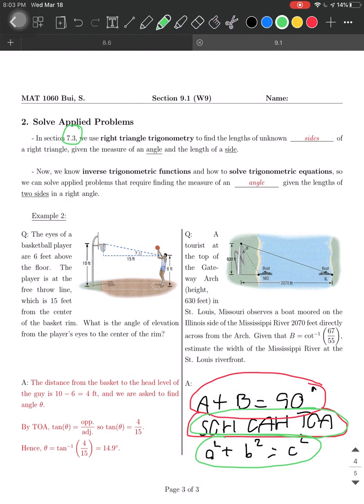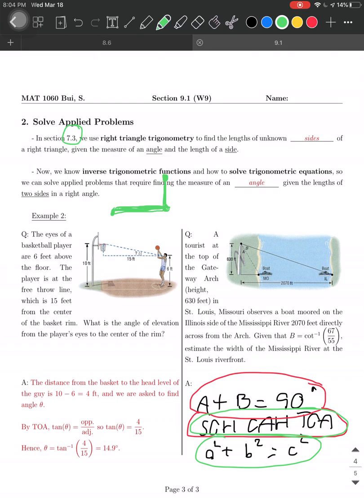Sometimes it would be a situation like we have to build a bridge. For example, here's a land, here's a mountain, and there's a river in between. This would be the distance from the land to the mountain, and this is the cliff, and this point here would be the top of the cliff or the mountain.